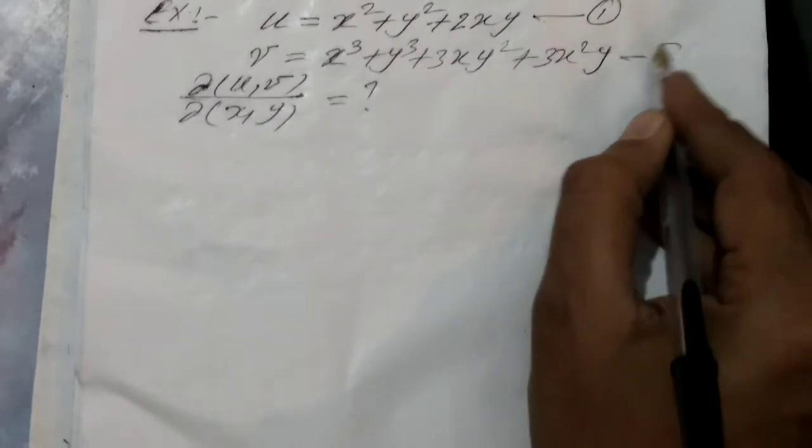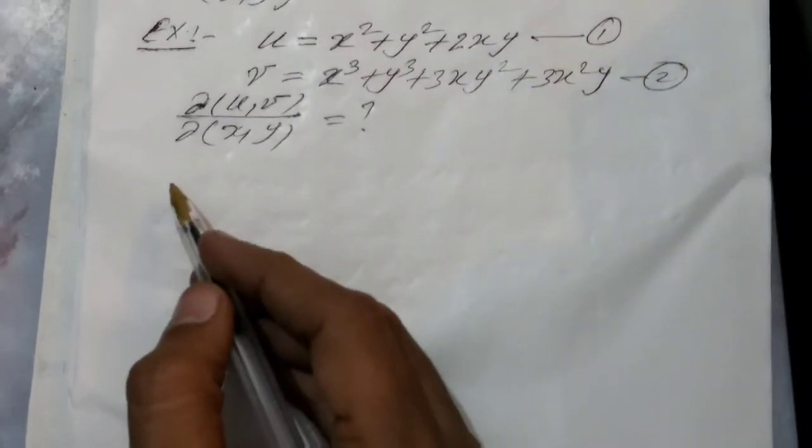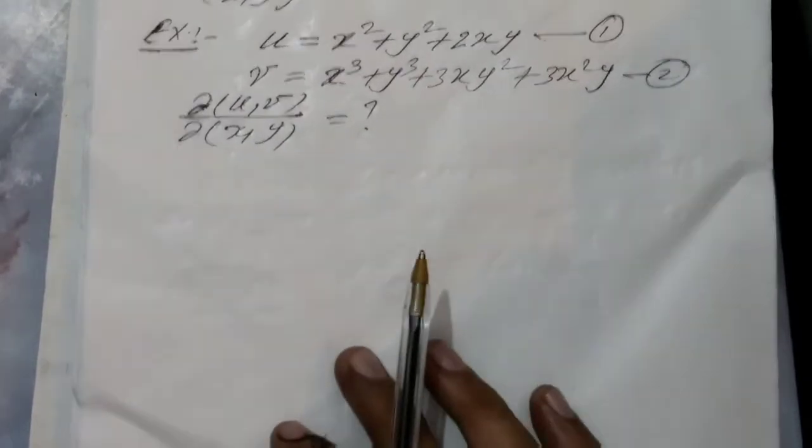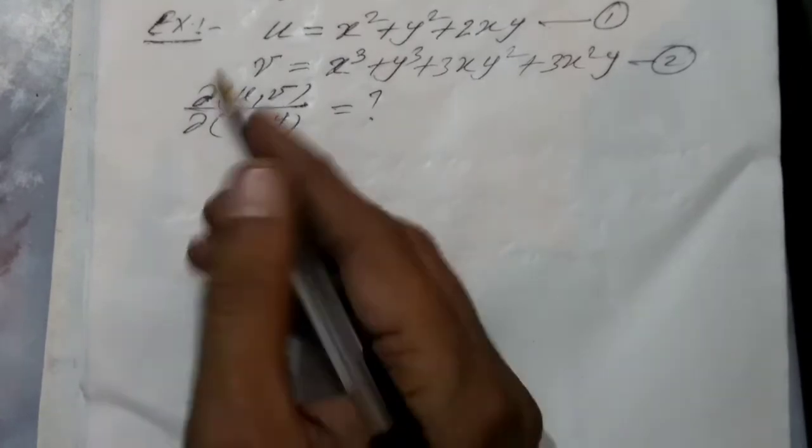So first we have to differentiate equation number 1 and equation number 2 with respect to x partially.